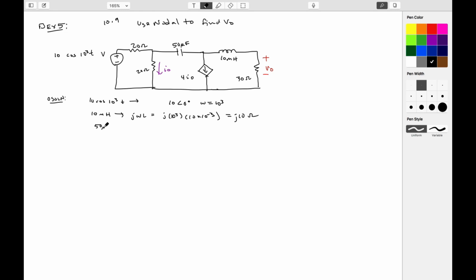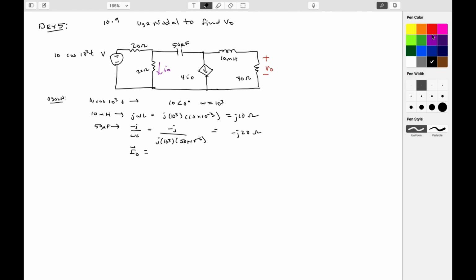Then we also have 50 microfarad, which is equal to negative j over omega C, which is equal to negative j over j times 10 to the third times 50 times 10 to the minus 6, which is equal to negative j20 ohms.